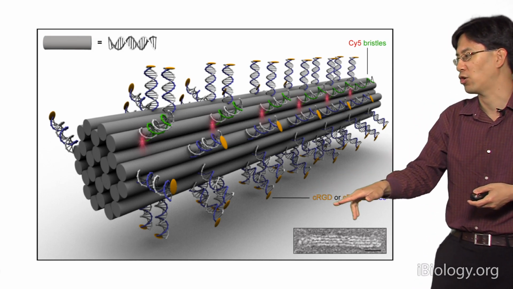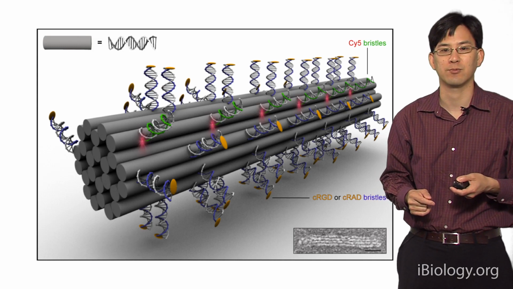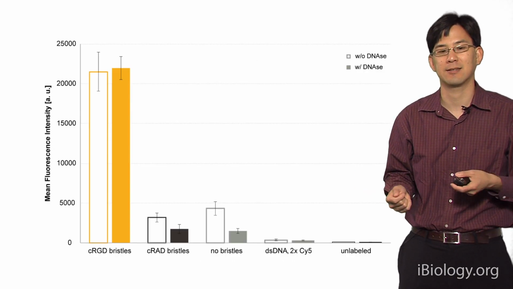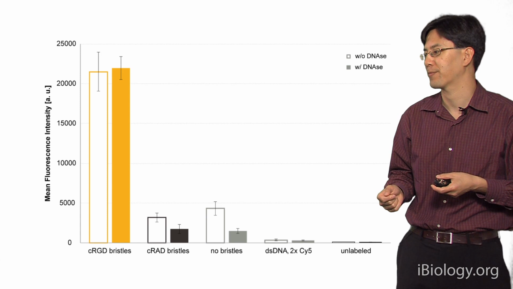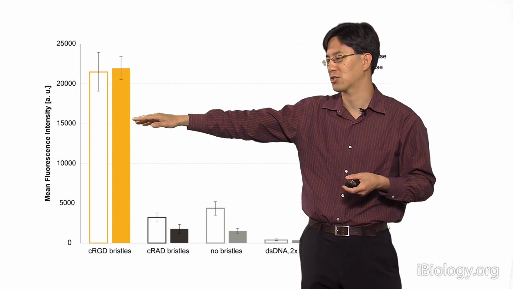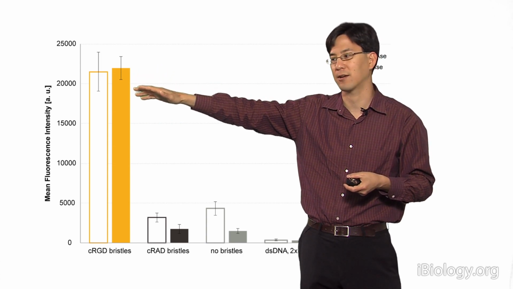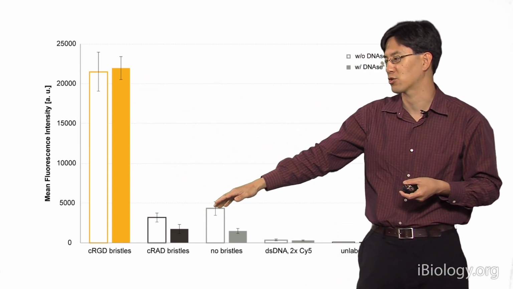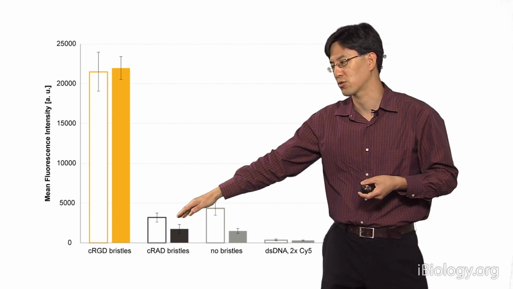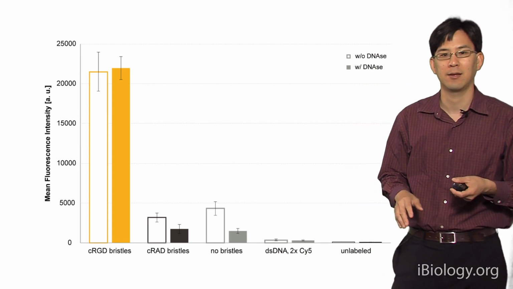And we can also do a control with cyclic RAD peptides that should not interact with those receptors. And in fact, that's basically what we observe, that when we have the cyclic RGD labeled structures, we get an order of magnitude greater uptake of these particles compared to controls that have no peptide or controls that have the mock peptide sequence, cyclic RAD.